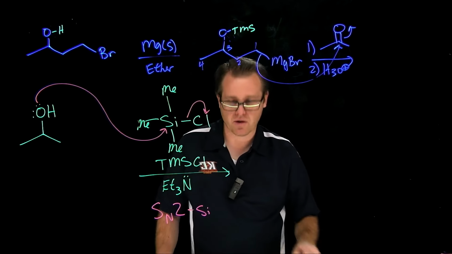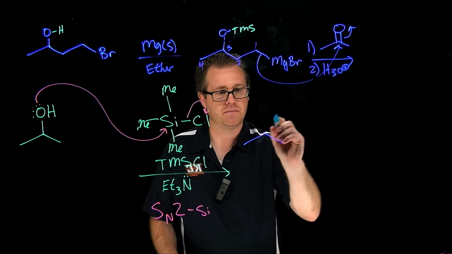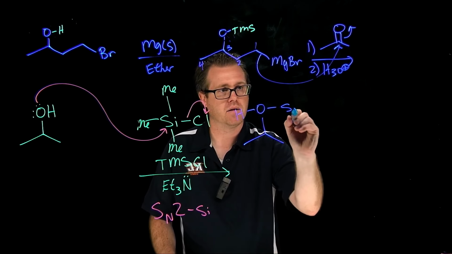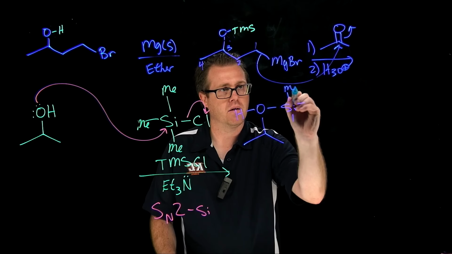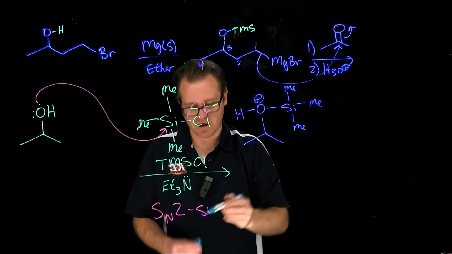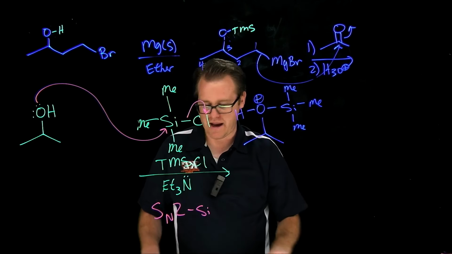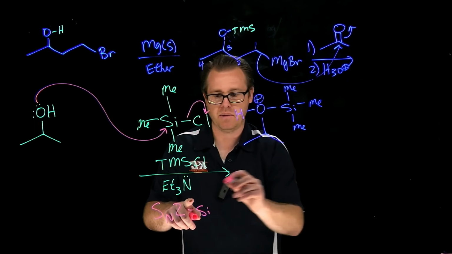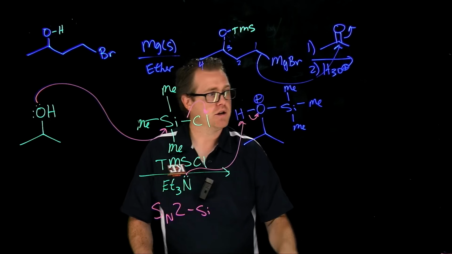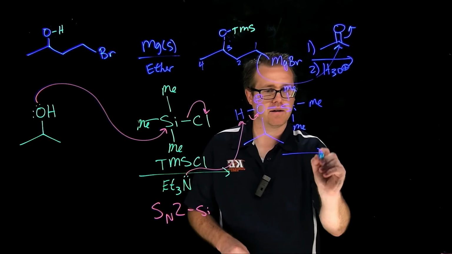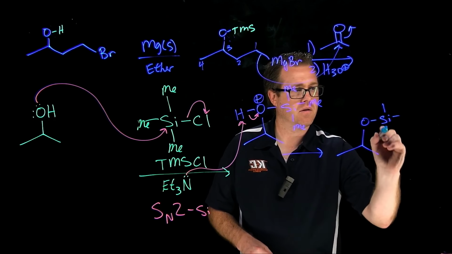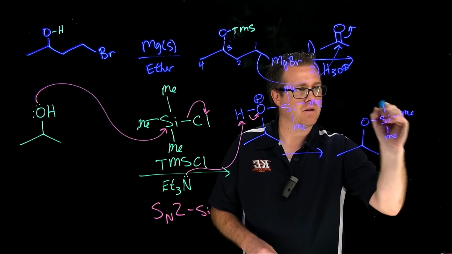You will then have your alcohol drawn like that, and that's going to be positively charged. Then our base, triethylamine, would come in and do the deprotonation to form our product, like this.